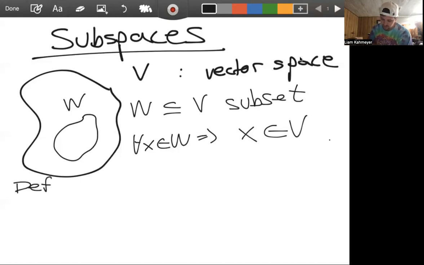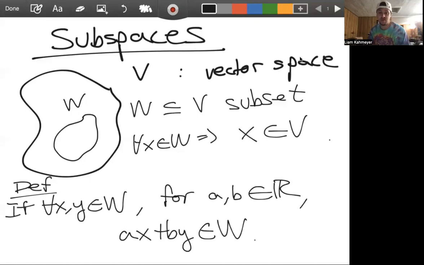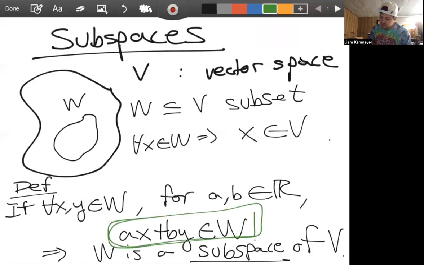Well, we have the following definition, which I'll now generalize: if for every x and y in W, this implies that for scalars a, b in the reals, we also have that ax plus by is an element of W, then we say W is a subspace of V. So it's a subset that meets this criteria, that linear combinations of elements of your subset are also in your subset. Well, then it's upgraded to a subspace.